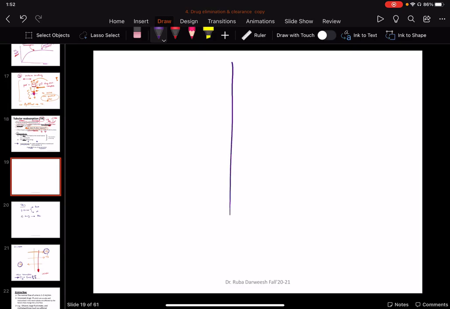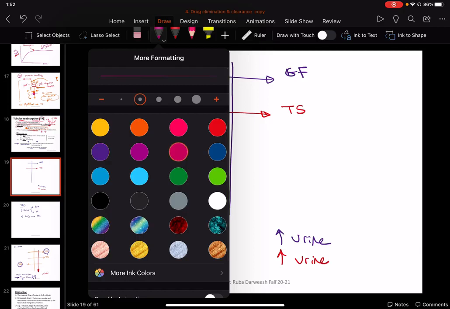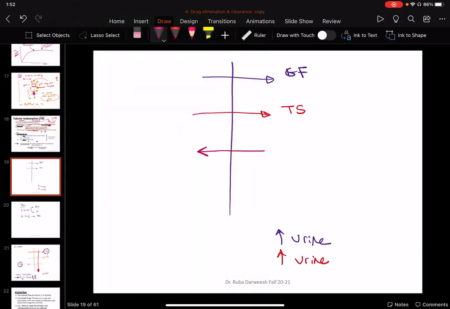Let me draw it again. If we have more glomerular filtration, we will have more urine formation, right? If we have more tubular secretion, we will have more urine formation, right? If we have more tubular reabsorption, less urine formation will happen, which means less excretion.